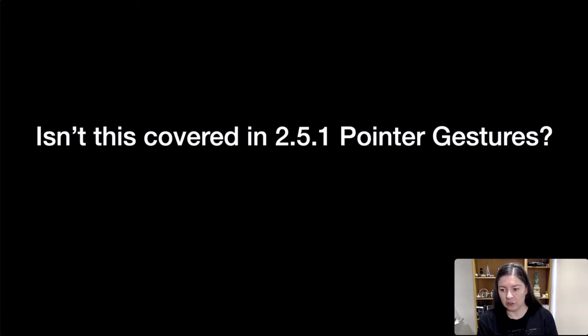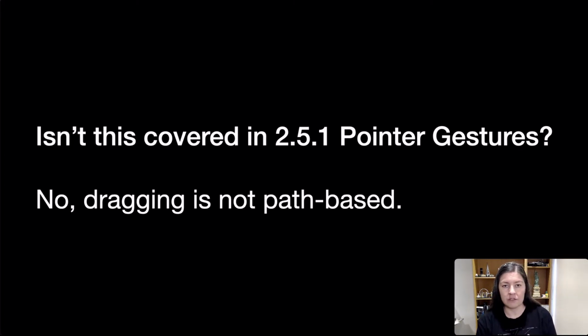It's a very similar criteria. It relates to providing a simple pointer gesture, a single digit tap or a double tap or a long press for different types of movements. Pointer gestures doesn't count for a dragging motion, such as drag and drop, because dragging is not path-based, whereas pointer gestures scopes itself only to path-based movements.